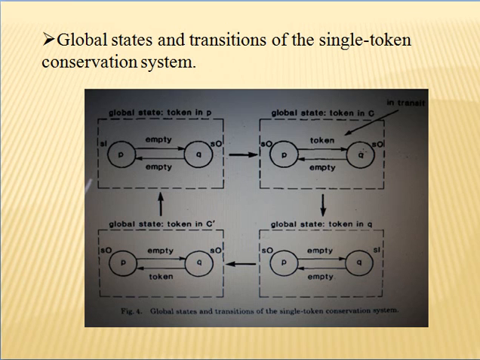You can see the figure in the upper right corner. The token is in channel C and has not reached yet. After the token reaches Q, its state becomes S1. Then Q passes the token to P, so its state becomes S0, and the same process continues.